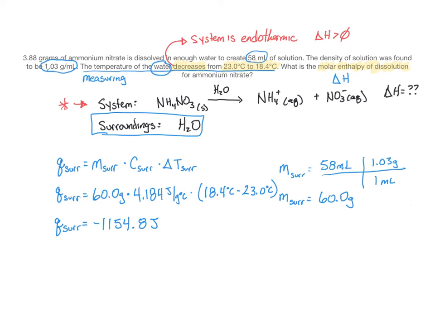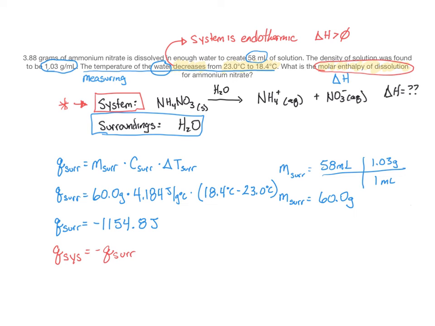Well, the question is not asking about the surroundings. The question is asking about this molar enthalpy of dissolution. That is the system. And so now I'm going to have to use the first law of thermodynamics.